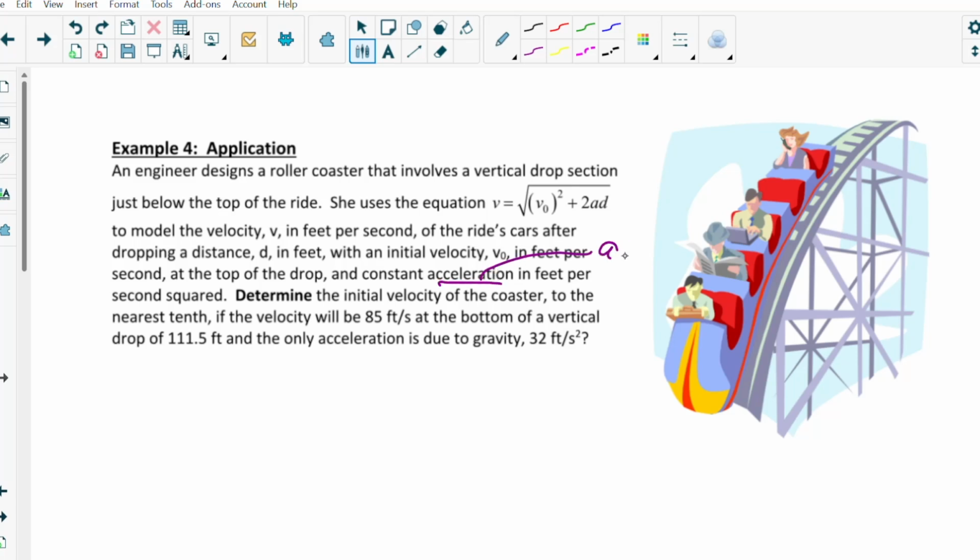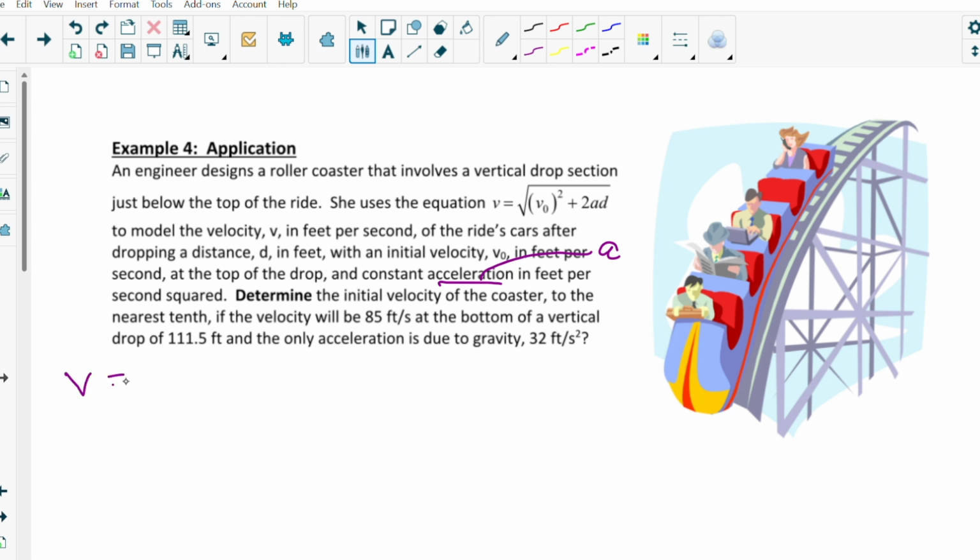So acceleration, this will be your A value. Determine the initial velocity of the roller coaster to the nearest tenth if the velocity will be 85 feet per second at the bottom of a vertical drop of 111.5 feet, and the only acceleration is due to gravity, which is 32 feet per second squared.